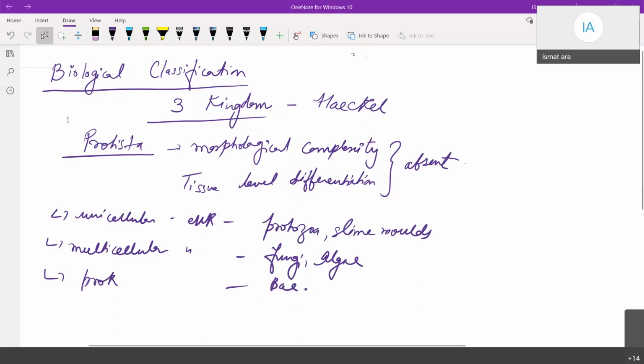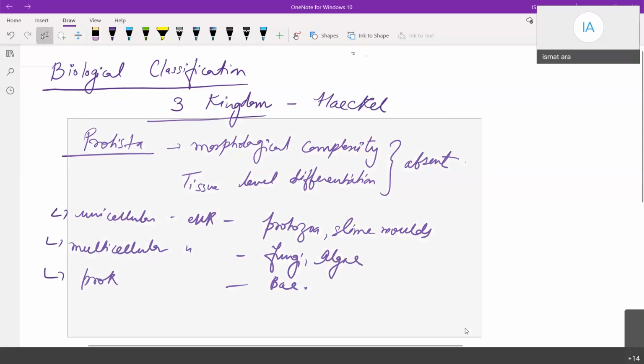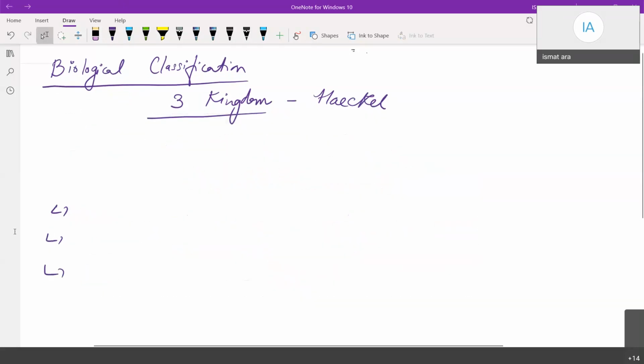So next is four kingdom classification. In four kingdom classification, one additional kingdom was added, that is Monera.